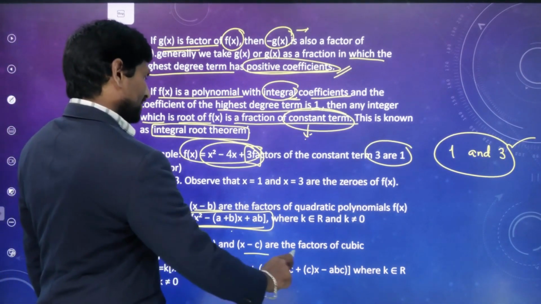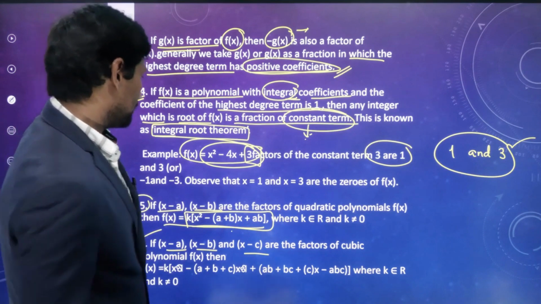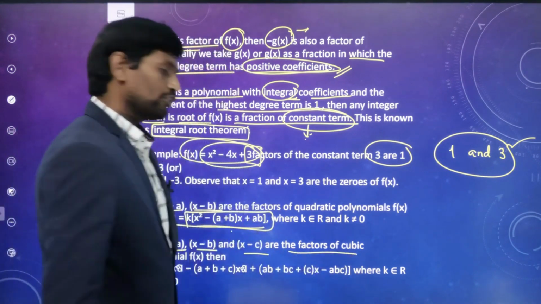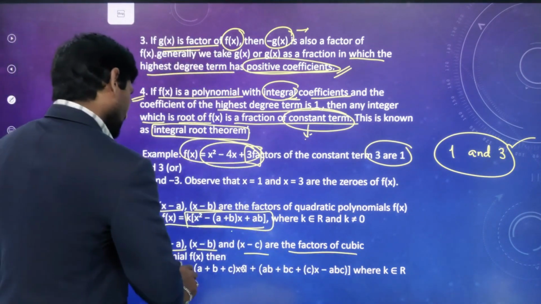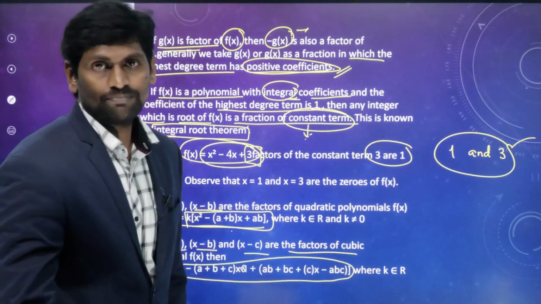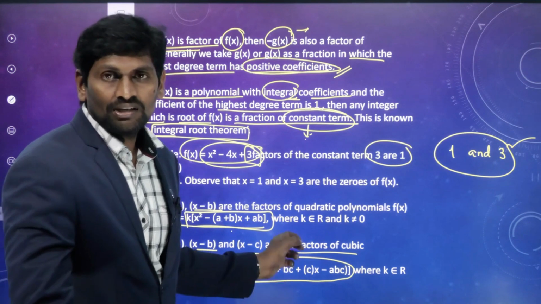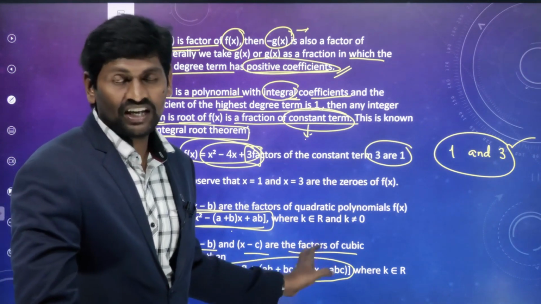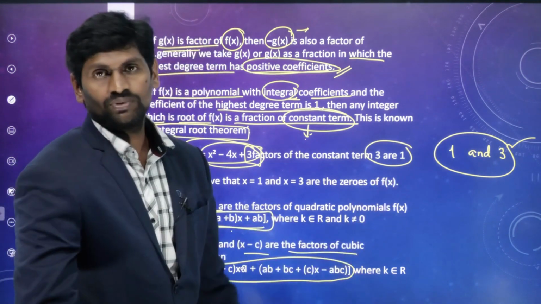In the same way, if x minus a, x minus b, x minus c are the factors of a cubic polynomial, then the required equation is k into x cube minus (a plus b plus c) into x square plus (ab plus bc plus ca) into x minus abc.